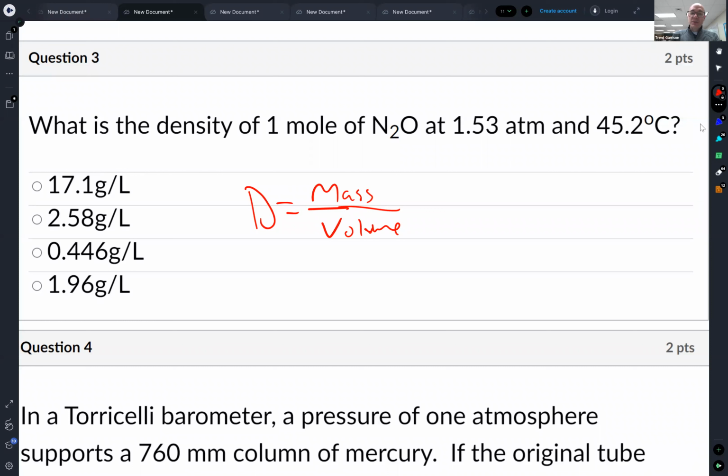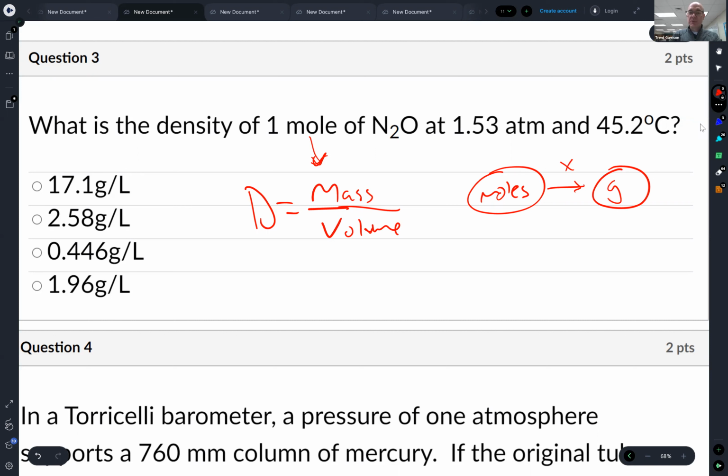We don't have a mass, however, so you're going to have to rely on your mole map knowledge, moles, to get it out to grams. So we're going to need to multiply by the weight of N2O. Each nitrogen weighs 14, each oxygen weighs 16, so that is 44. That's my mass that's going to go on top.